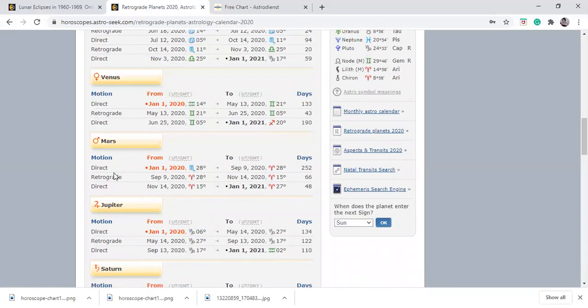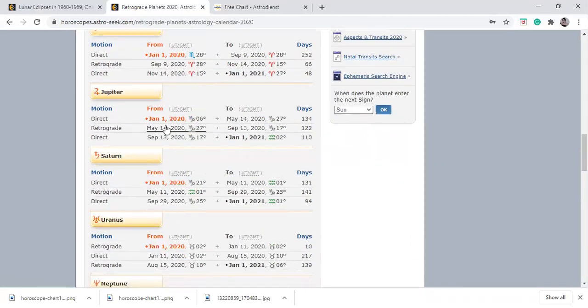So you can begin to really dig into astrology deeply here and really begin to understand yourself and help other people as well. Then we've got Mars, which is going to go retrograde September 9th to November 14th. Jupiter is currently retrograde May 14th to September the 13th. Saturn is currently retrograde May 11th till September 29th.